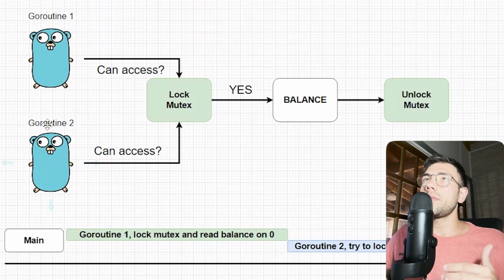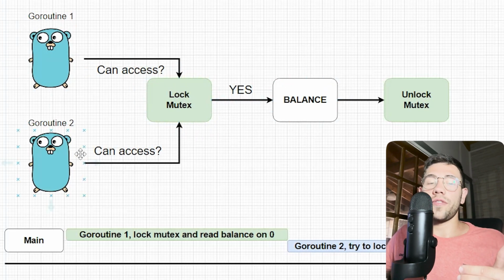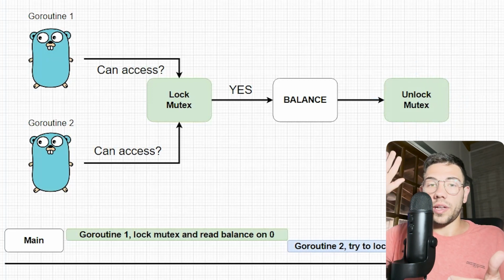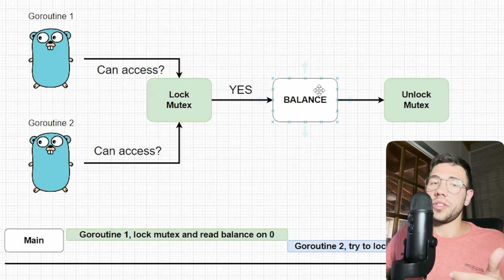If coroutine number 1 gets there first, coroutine number 2 will be blocked, because coroutine number 1 has the entire access to that variable. Coroutine number 2 will have to wait until coroutine number 1 finishes using the resource, and when it finishes, it will unlock the mutex. It's like we put the semaphore on the green light again, and we continue doing something else, without using this particular resource.